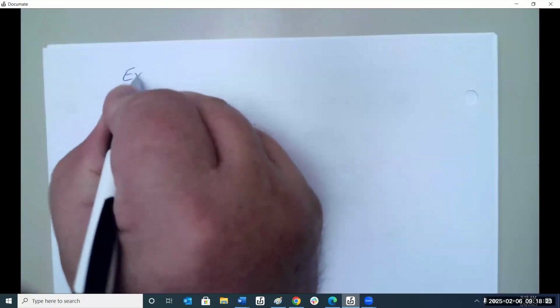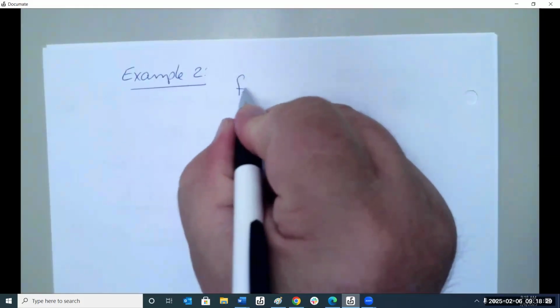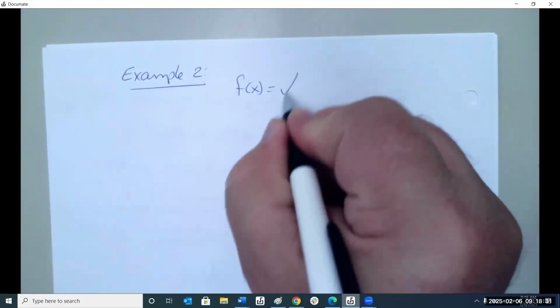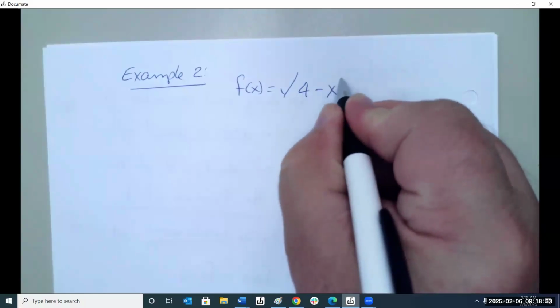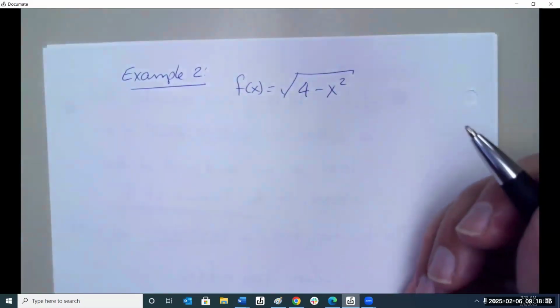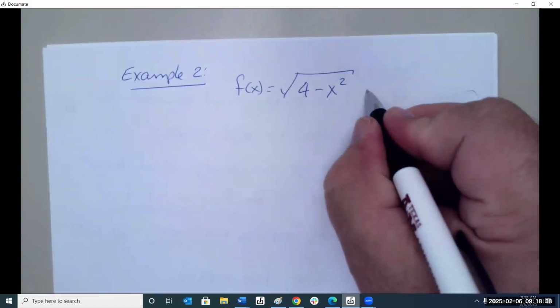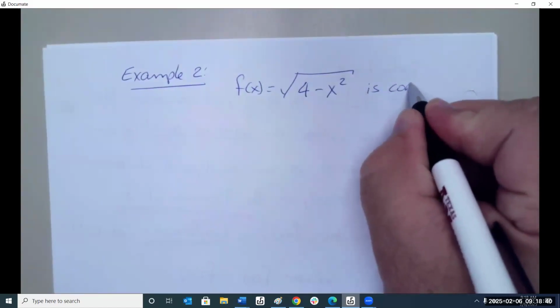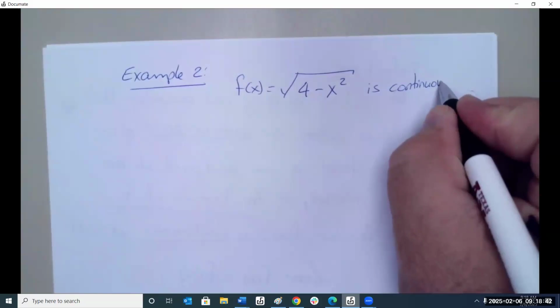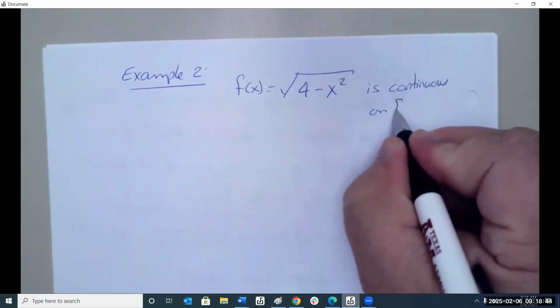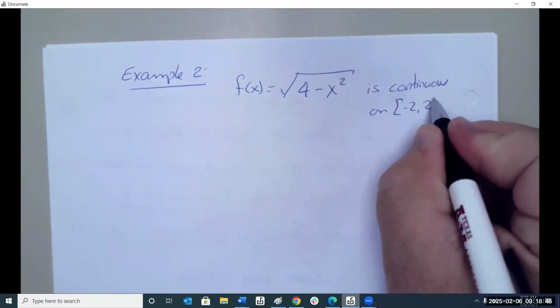Here's another example. It sounds easy, but there's work behind it. Example 2. The function f of x equals the square root of 4 minus x squared is continuous on -2 to 2.